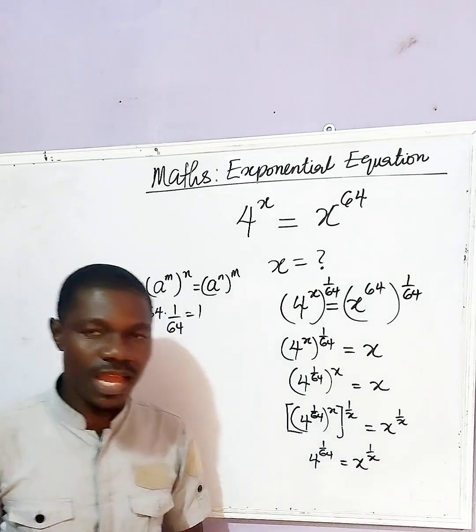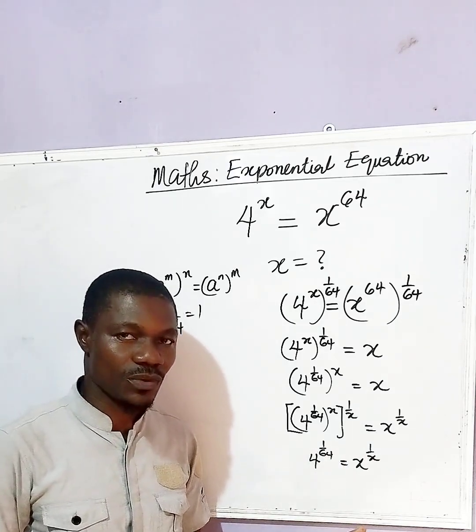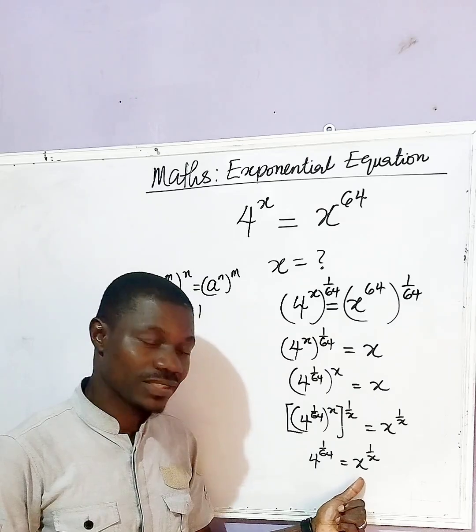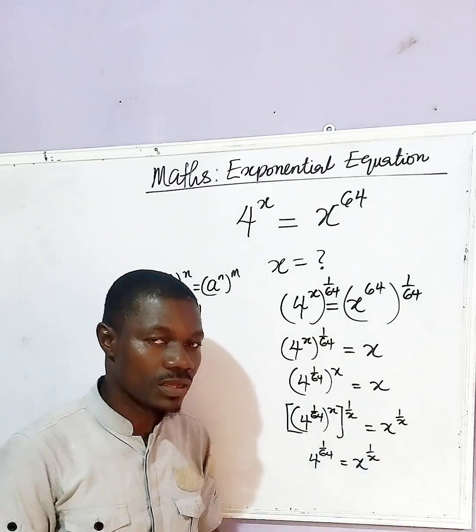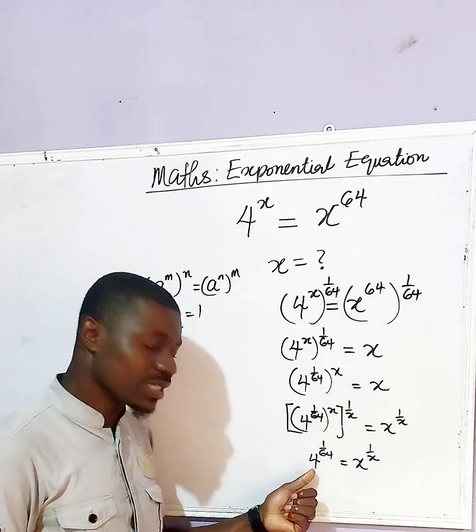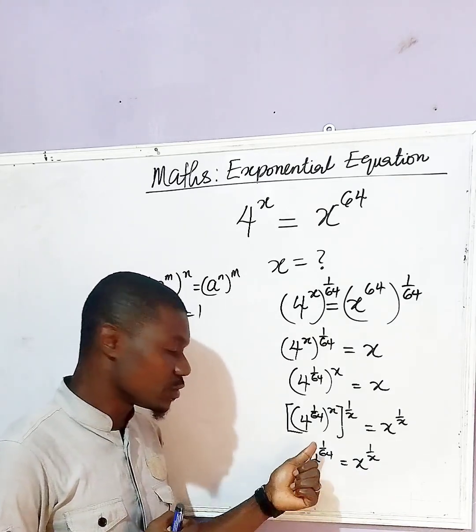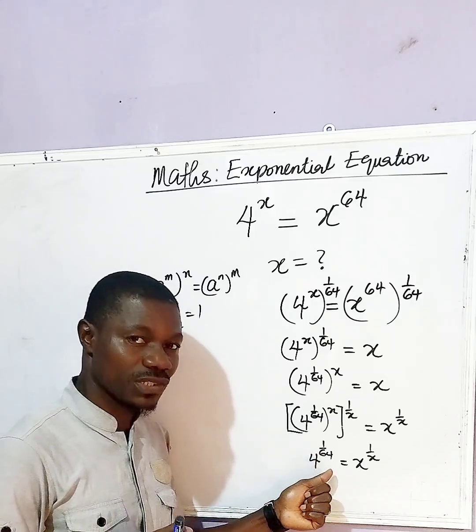Now if you take a look at the right hand side of the equation, you see that you have x raised to the power of its reciprocal. But in this case we are having 4 raised to the power of 1 over 64.